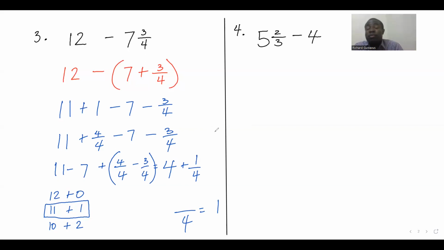So now we are left with 4 plus 1/4. 4 plus 1/4 can be expressed as a mixed number as what? 4 and 1/4. All right, so let me highlight that by circling that in red for you. So 12 minus 7 and 3/4 is simply 4 and 1/4.